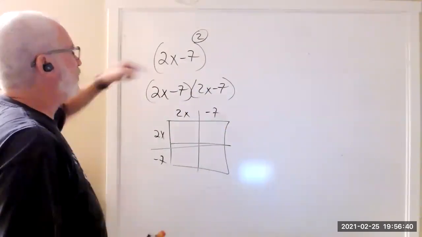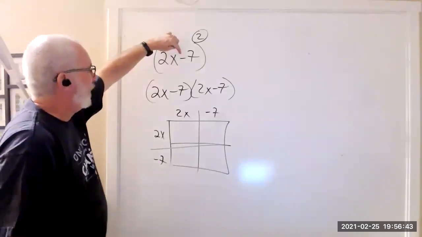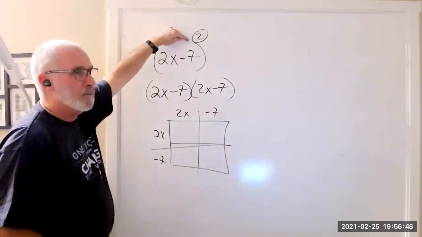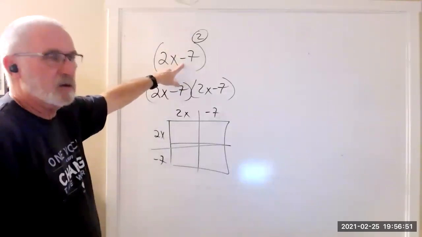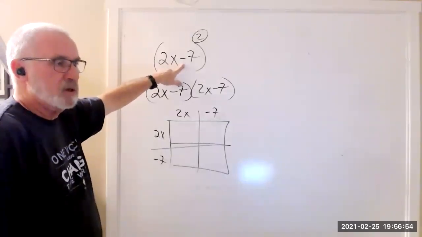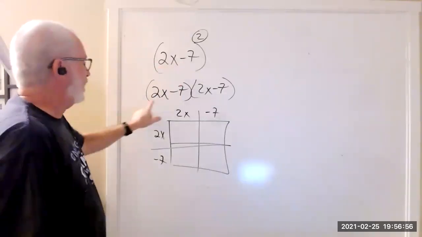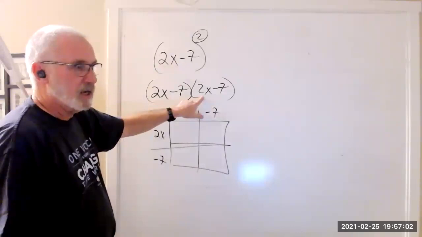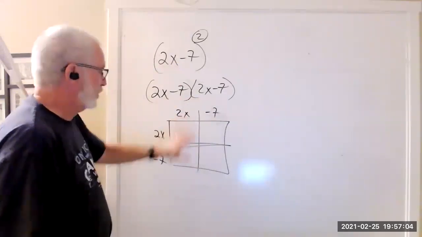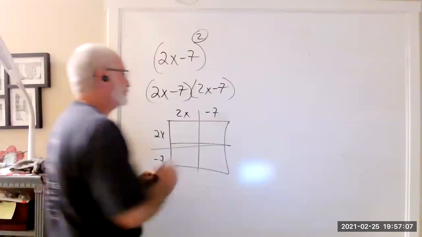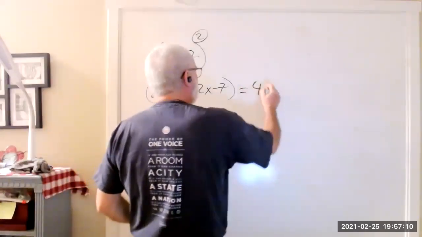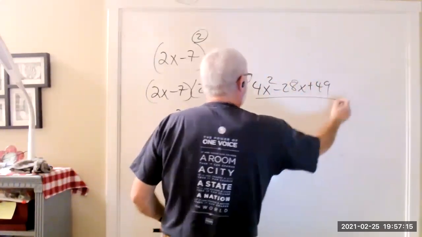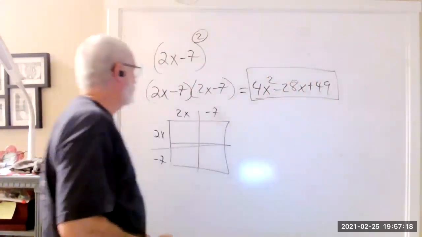So what I'm trying to get you to see here is that that quantity squared sure looks like that exponent rule, but it's not because of the minus sign or a plus sign on a different problem. So the only way to do this safely is to write it out twice, because that's what exponents mean. Then fill out your matrix. If you do this, I'm just going to jump to the answer. It's 4x squared minus 28x plus 49. Trust me, I've never made a mistake yet.